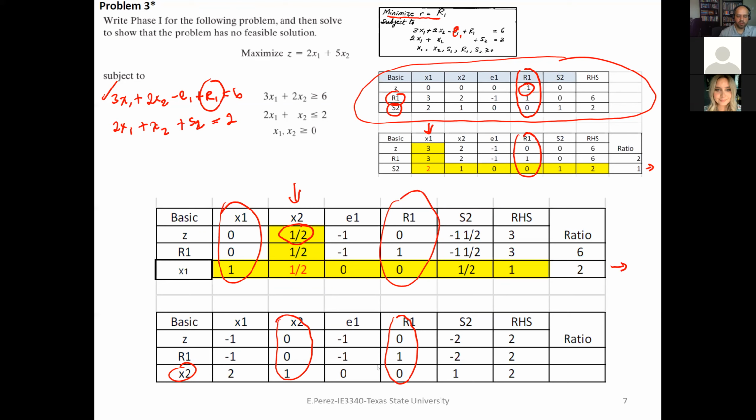What the problem is asking is, write phase one for the following problem and then solve to show that the problem has no feasible solution. How do we know if this problem has a feasible or infeasible solution? The question lies in the use of the artificial variables.